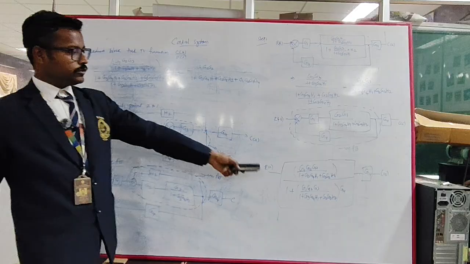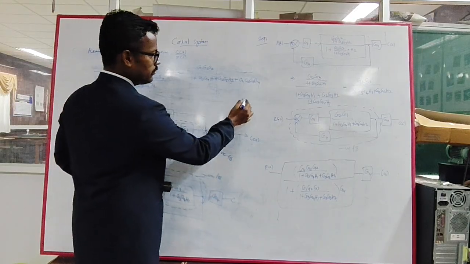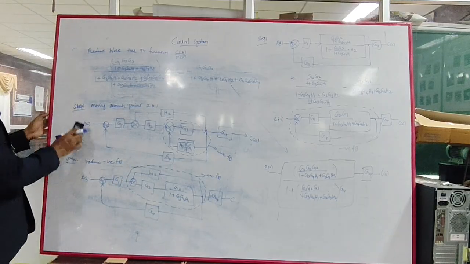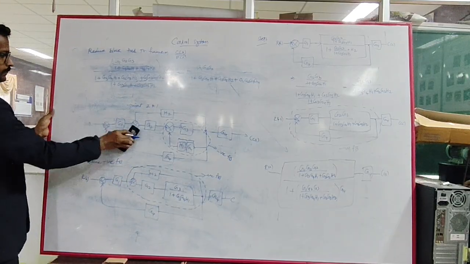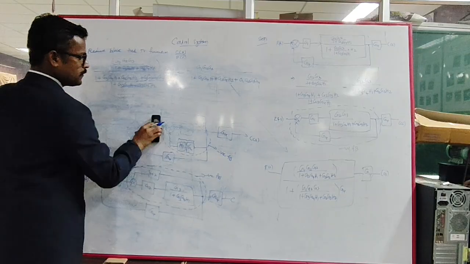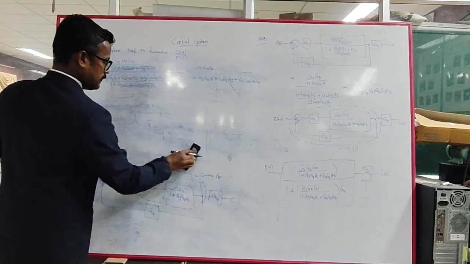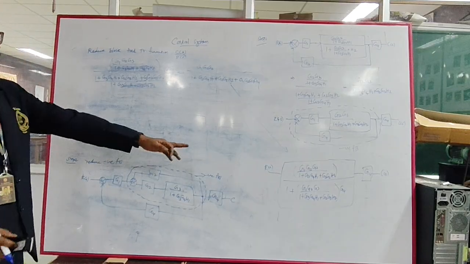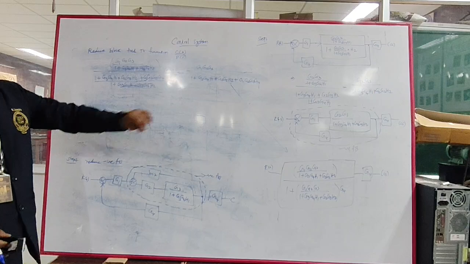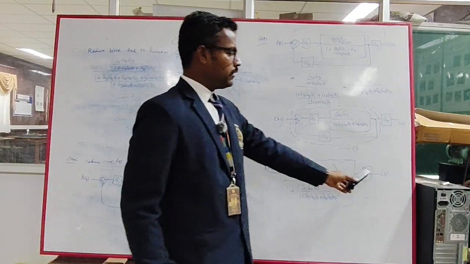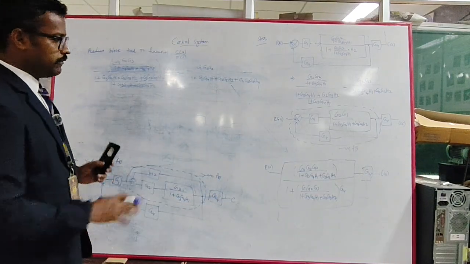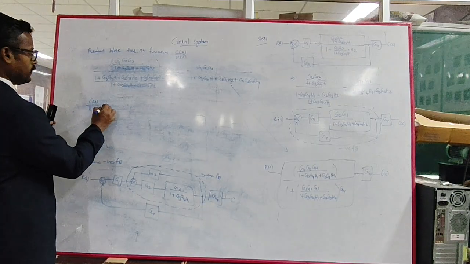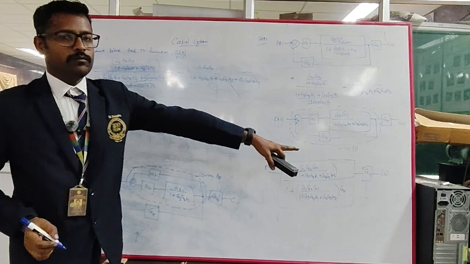So now this will be substituted here and we can reduce the transfer function in the next step. The final thing will be replaced by this transfer function, then you have to multiply it with G4, since it is in a cascade. So the final transfer function C of S by R of S equals this one into G4.